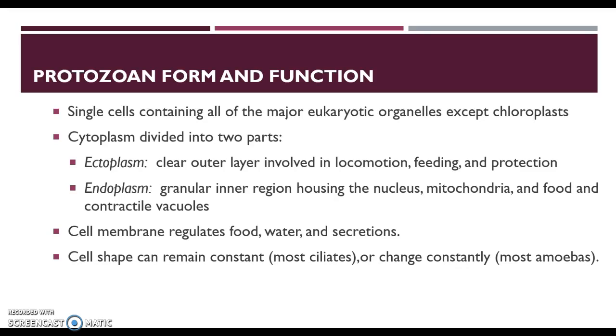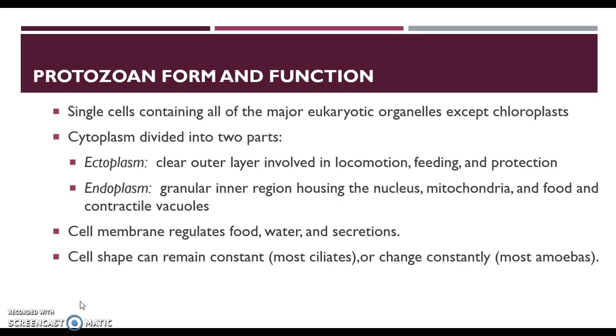Their cytoplasm is divided into 2 parts, the ectoplasm and the endoplasm. The ectoplasm is a clear outer layer of the protozoa, and it is involved in movement or locomotion, feeding, and protecting the organism itself.